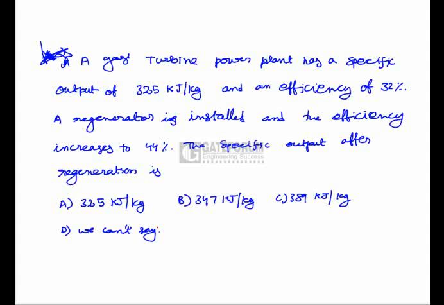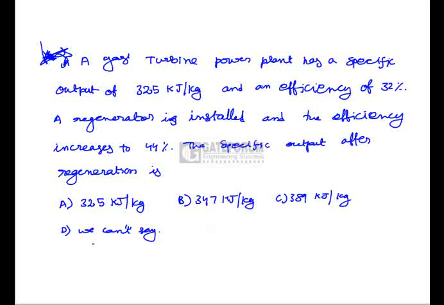A gas turbine power plant has a specific output of 325 kJ per kg and an efficiency of 32%. A regenerator is installed and the efficiency increases to 44%. The specific output after regeneration is, here the options are 325, 347, 309, 389 kJ per kg, and D is we can't say.